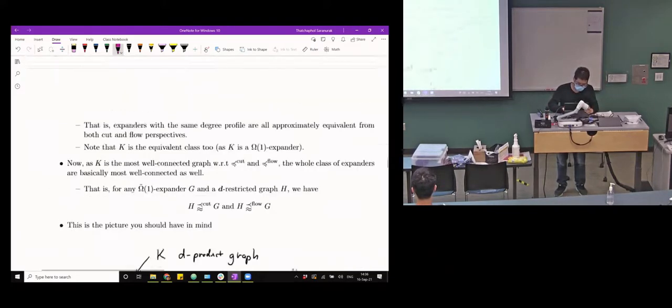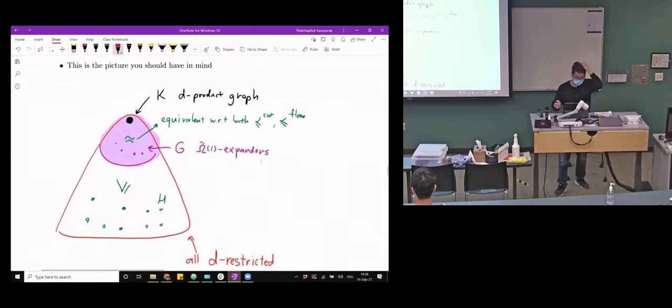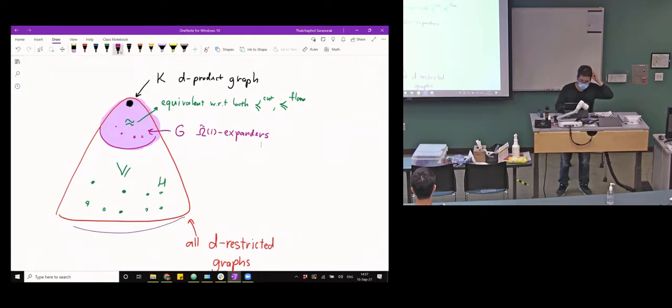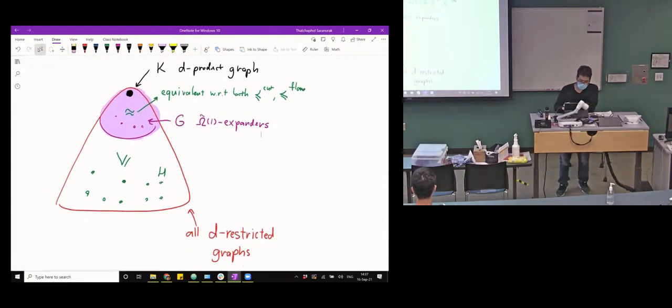Maybe I should jump in here. This is a picture that you should have in mind. Suppose that this is the class of all graphs that are D restricted. Then the D product graph is the most well-connected one, on the top.